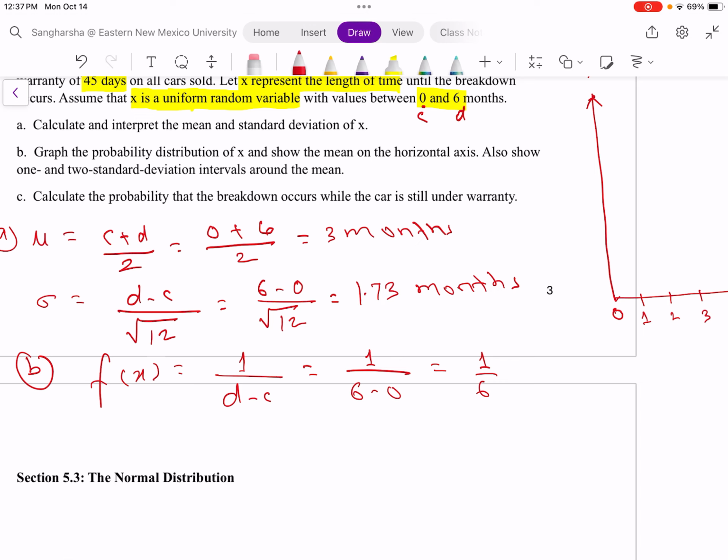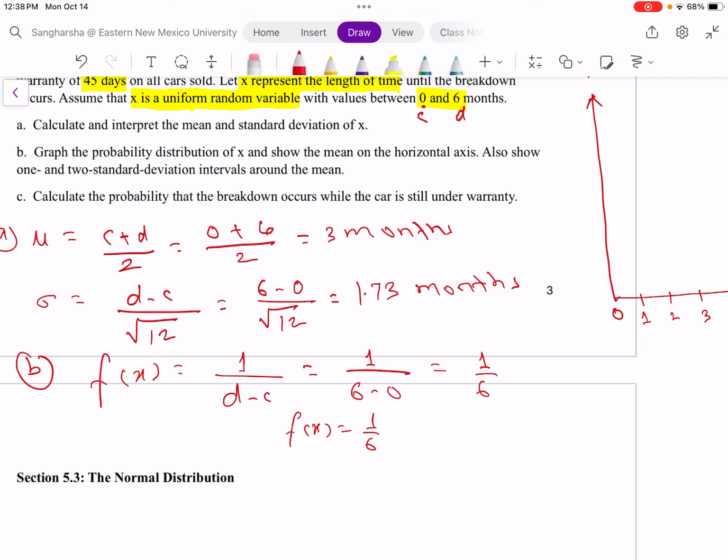Now how do we draw a graph for this function? We have f of X equals 1 over 6. What kind of graph do we get if we have a function like this? What would be the shape of a graph for this kind of function?